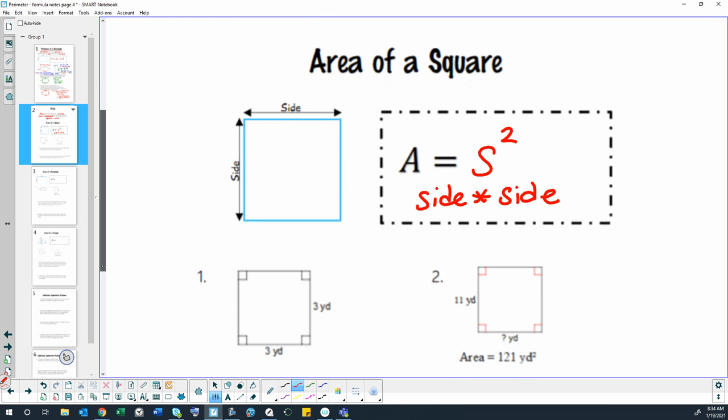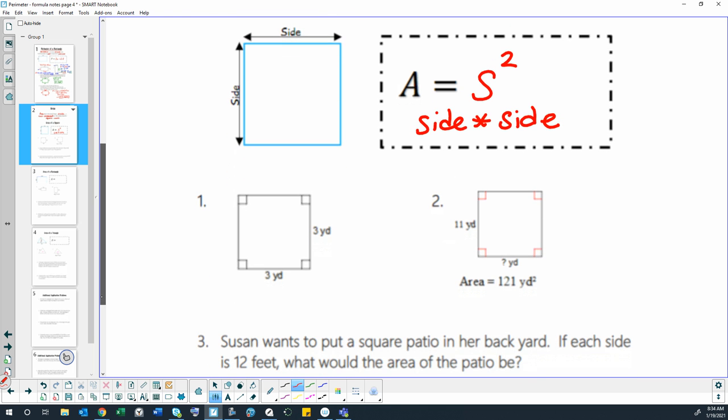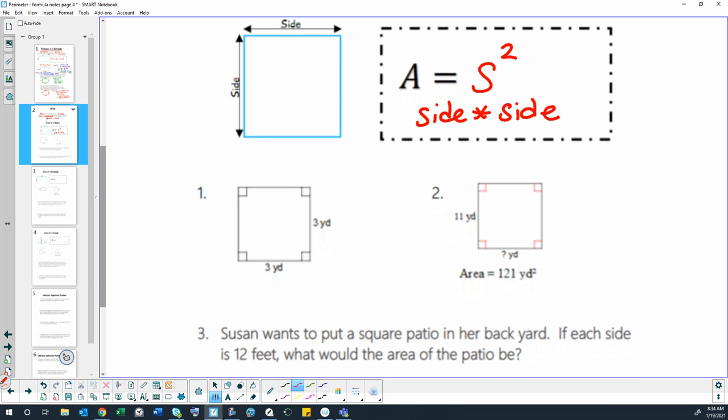Okay, so let's find the area of the square in question 1. The square in question 1 is 3 yards by 3 yards. So 3 times 3, what's the area? 3 times 3 is 9, so it would be 9 square yards.